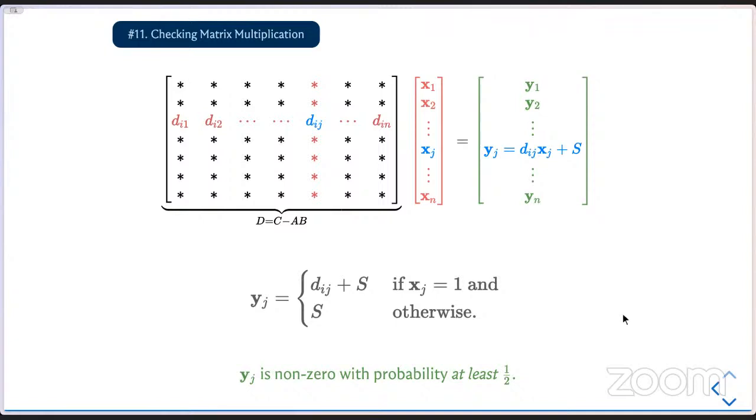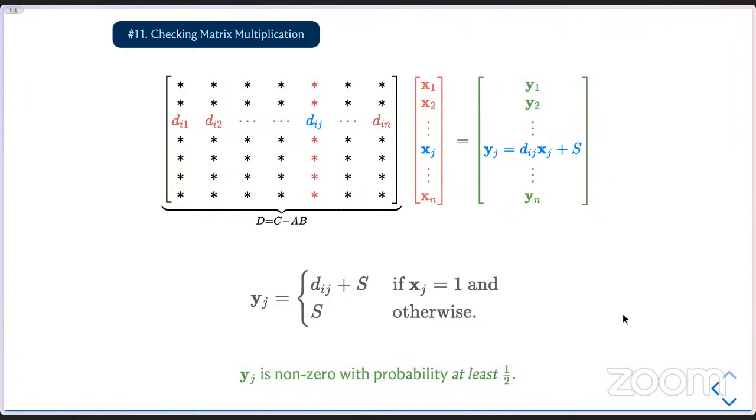That depends on the value of s. If the value of s is 0, then when xj was 1, yj is definitely non-zero. And if s is non-zero, chances are that yj is non-zero most of the time, except for this one weird corner case when s is equal to minus dij.